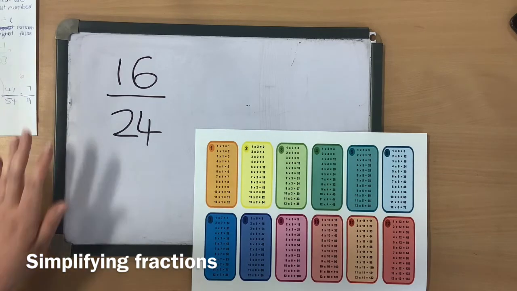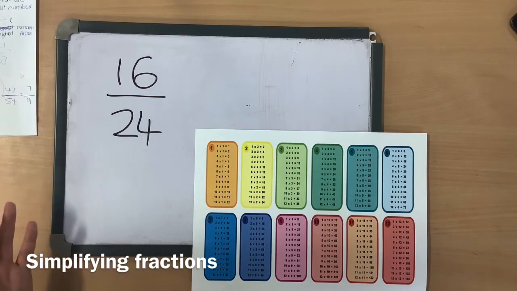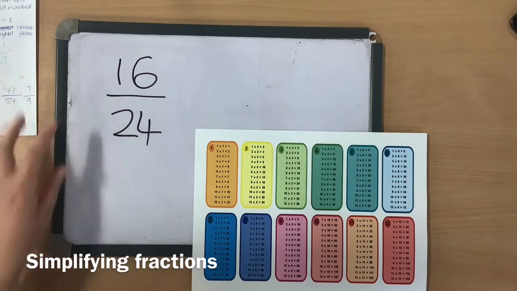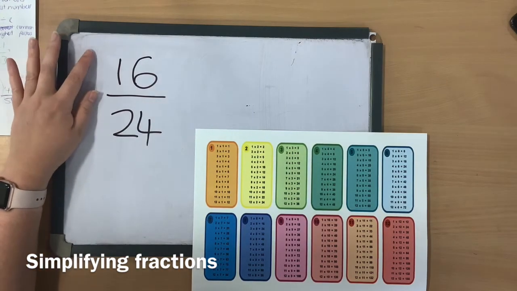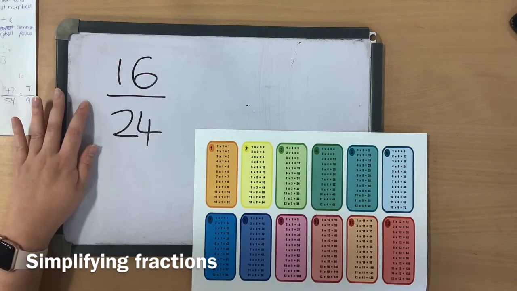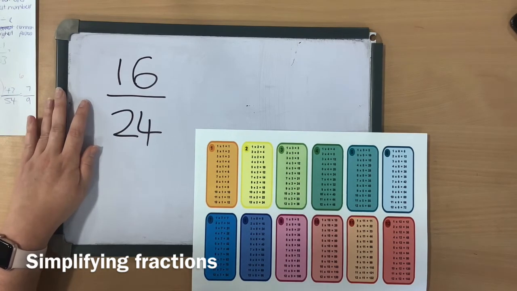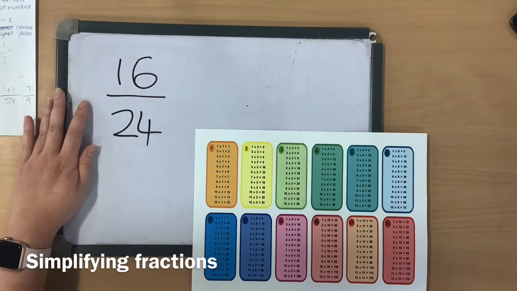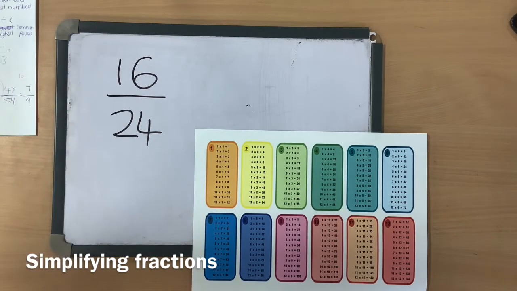Looking at this example here, to start off simplifying this fraction, I need to look at the numerator, which is 16, and the denominator, which is 24. I then need to use my times table knowledge. If you're feeling confident with your times table knowledge, obviously you'll be able to do this mentally.